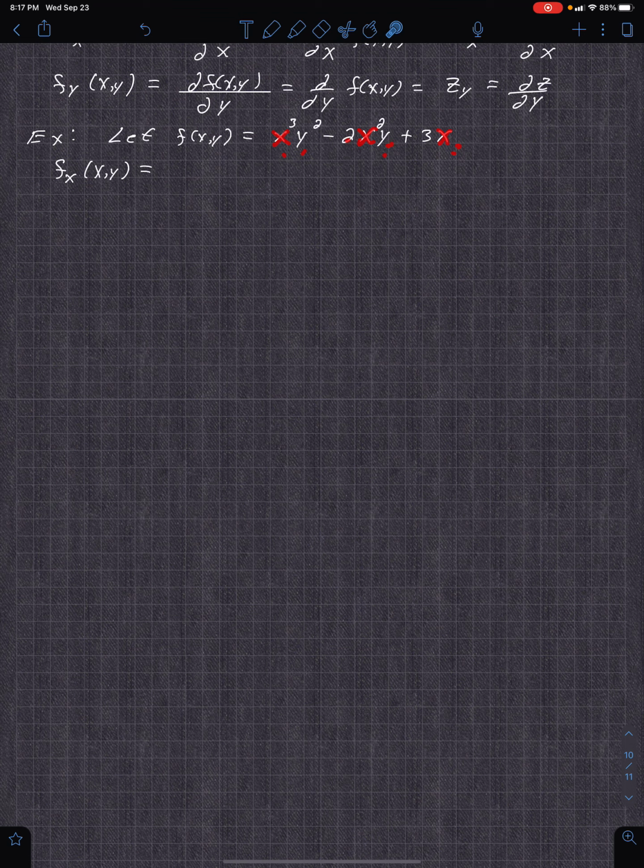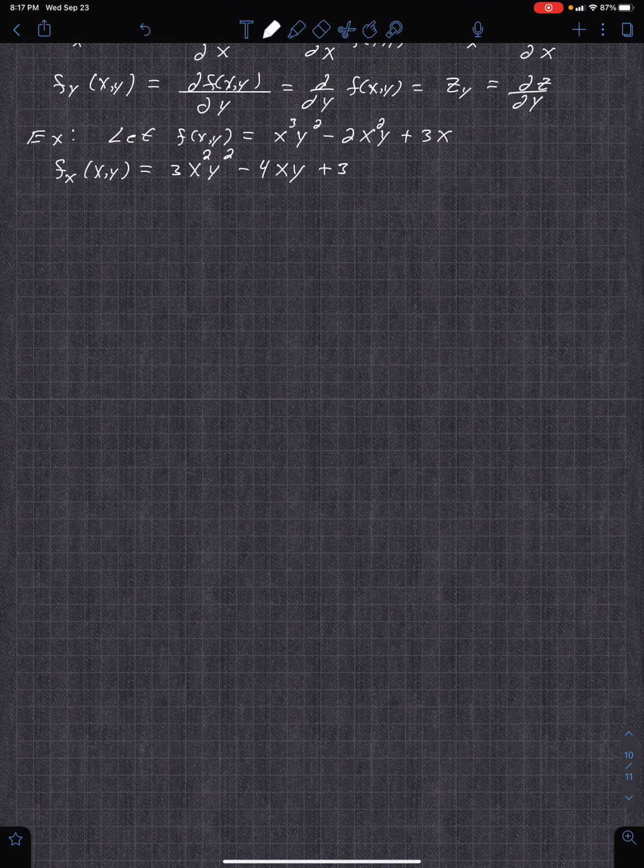And you just haven't multiplied yet. So that's what you do. So this becomes 3x squared y squared, and then minus, so it's just x, so that'll be a 4xy, and then just plus 3.